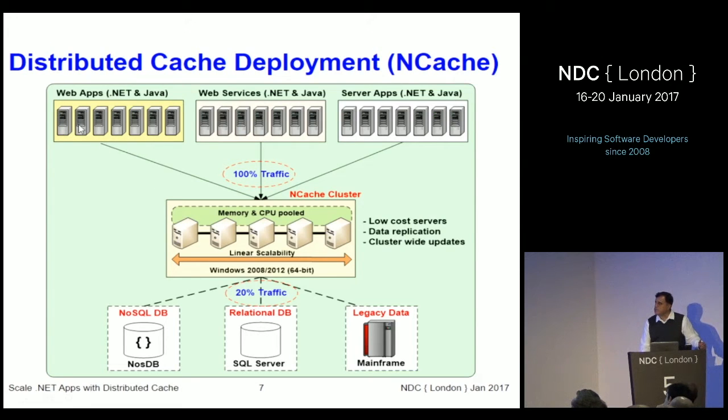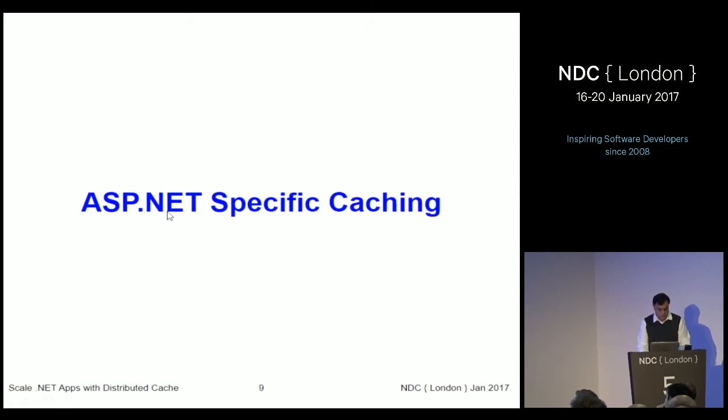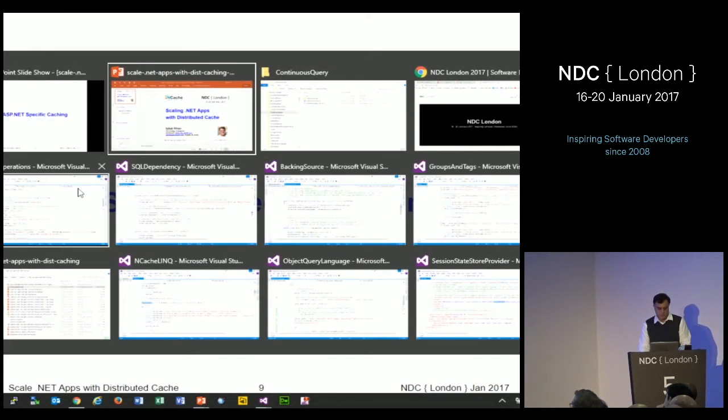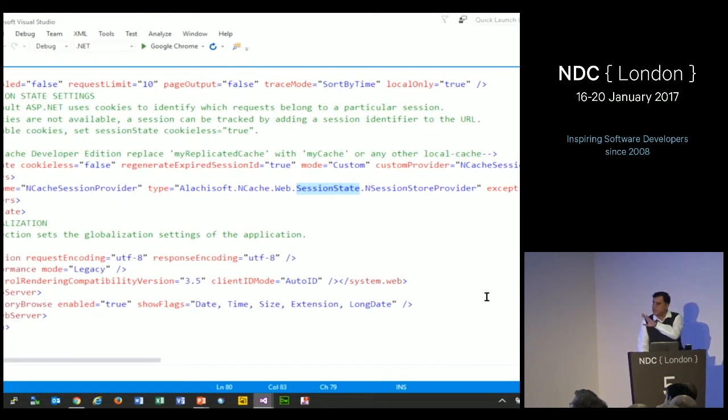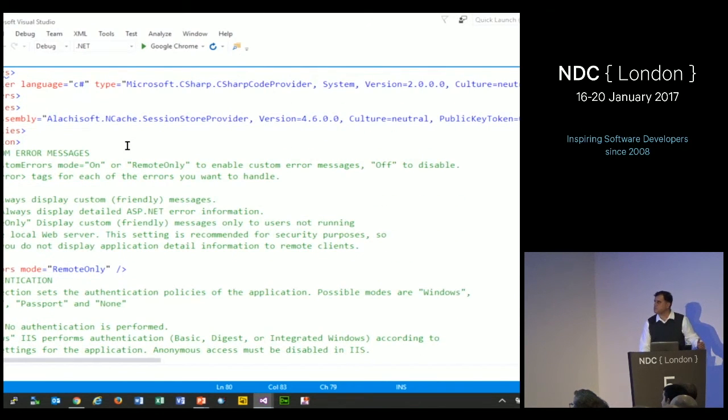And that client portion usually would have the ASP.NET provider for the sessions. So let me show you an example of how an ASP.NET provider would be used. I am, of course, using NCache as the example, but the same applies to any other cache, including Redis.